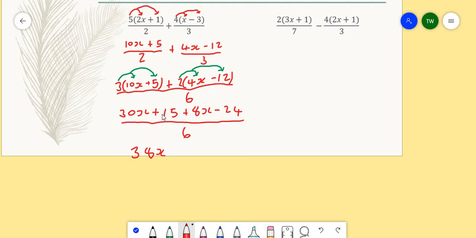And here we have 15 minus 24, that's going to give us a negative 9. And all of this should be placed back over 6. And we are finished here. The fraction is in its lowest term.